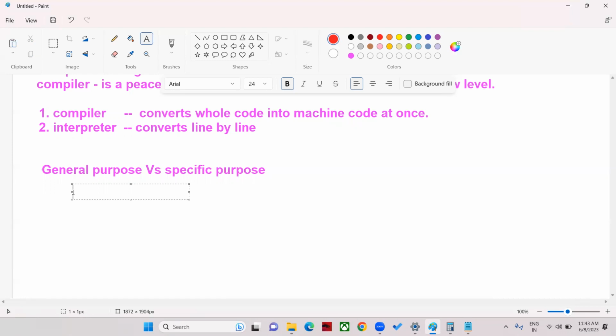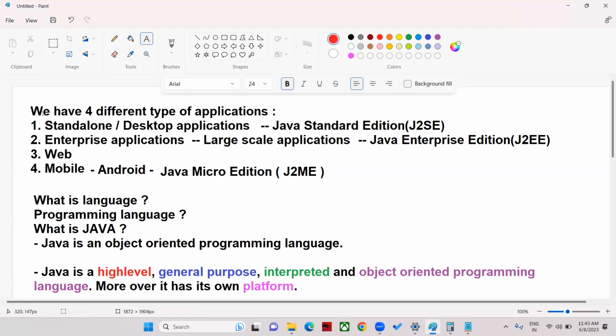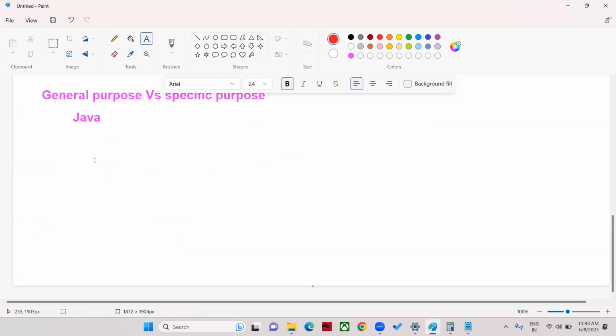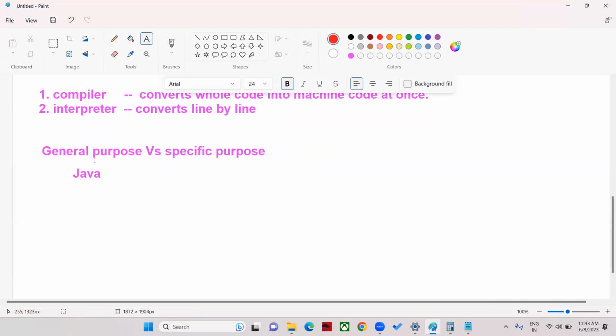General purpose means, for example Java, because you can build different types of applications: standalone, enterprise, web, and mobile applications. So general purpose means using one language we can build multiple types of applications.